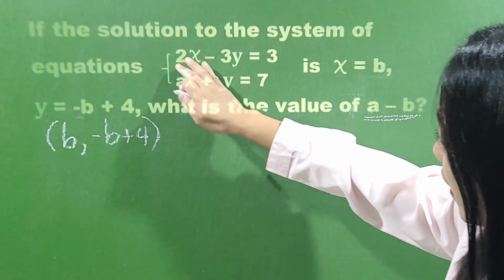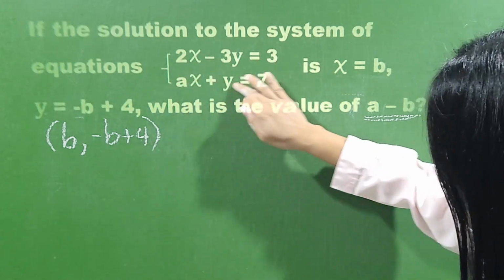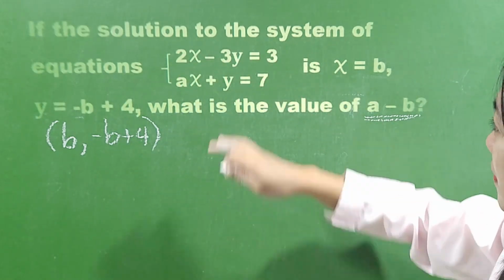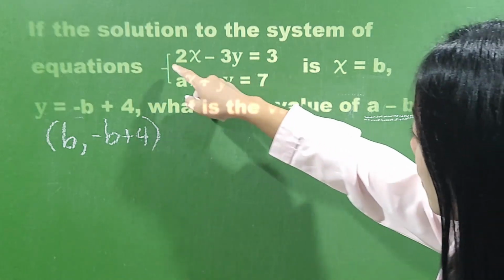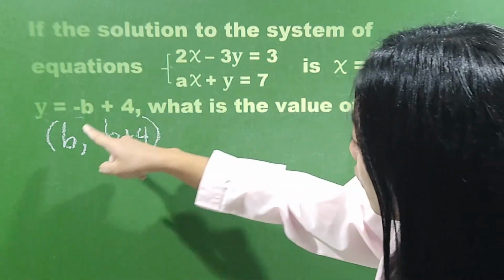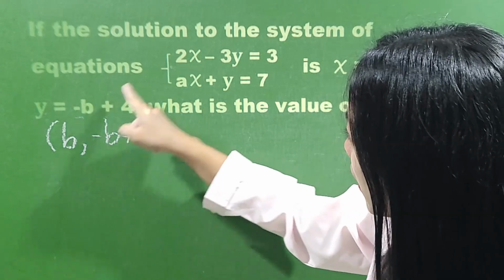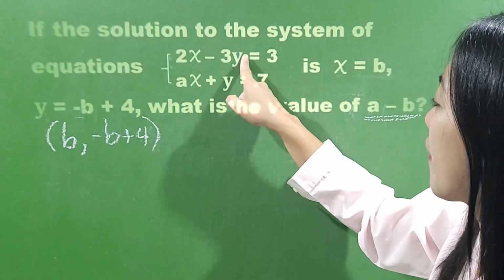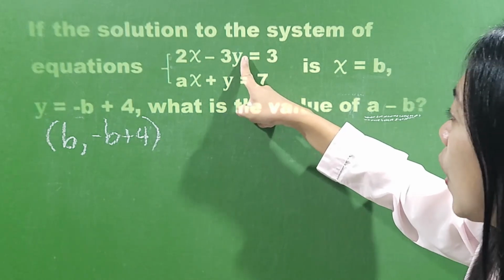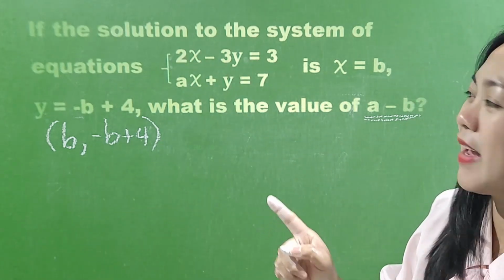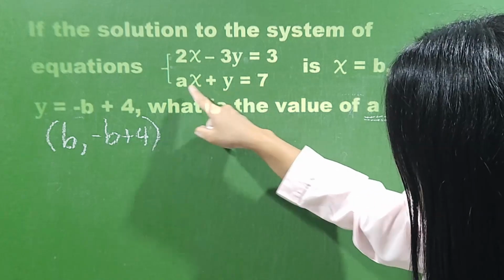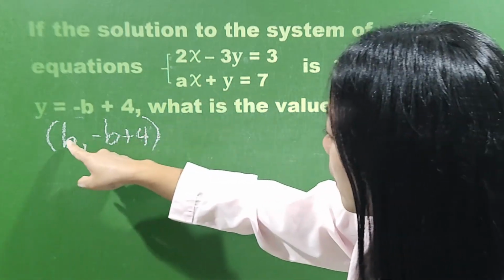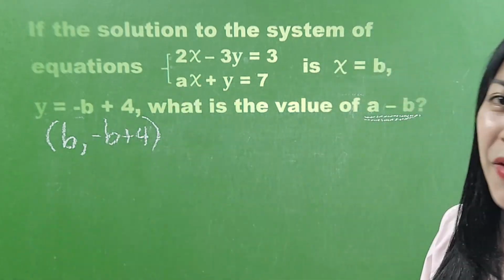Okay, if you're going to take a look at these equations, in this first equation, if we will be substituting the values of x and y here, we can actually find the value of b. Okay, if we will be substituting in the second equation, there will be two variables.